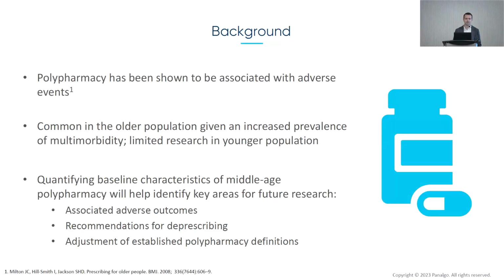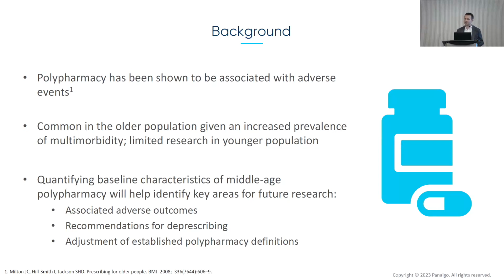So polypharmacy, or multi-medication use, is typically evaluated among an older population. This makes sense given the higher likelihood of multiple conditions as well as multiple treatments to manage those conditions. But the adverse events of polypharmacy, various drug-to-drug interactions, hospitalizations, are applicable at any phase of life.